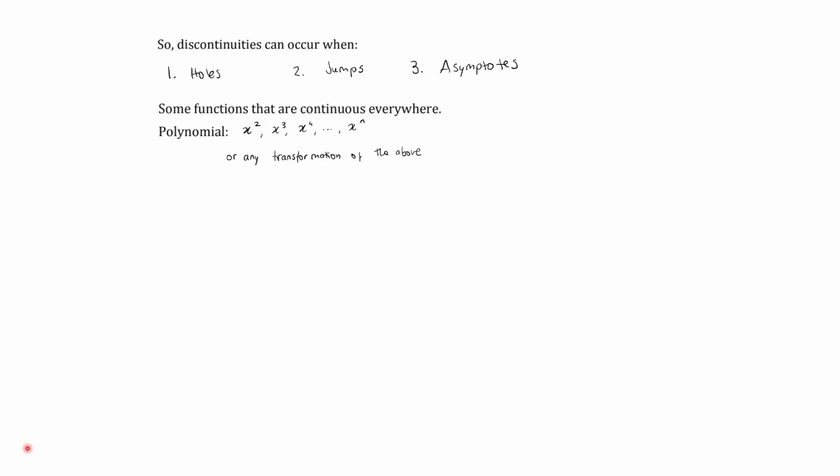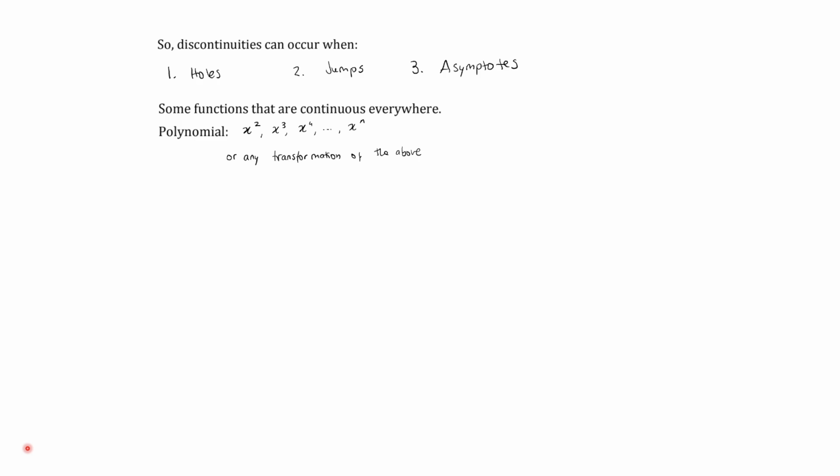Of course I could stretch it, I could shift it, I could shrink it, right? Any sort of transformation or combination of transformations is still not going to affect the continuity of this function. Okay, so really any transformation of the above is also going to result in a continuous function.